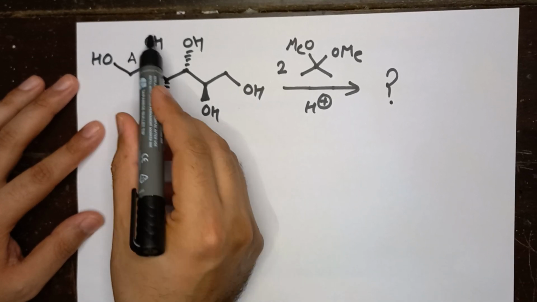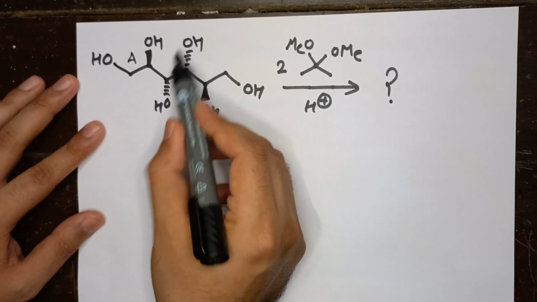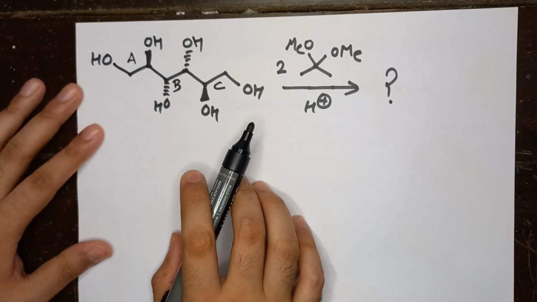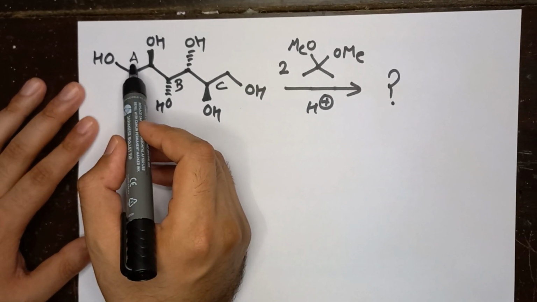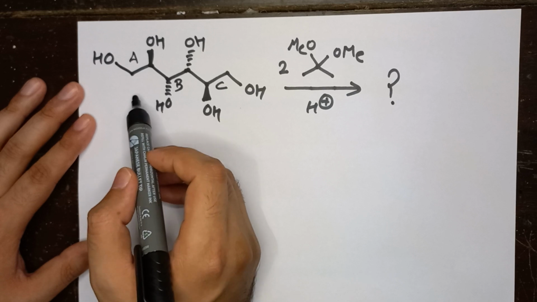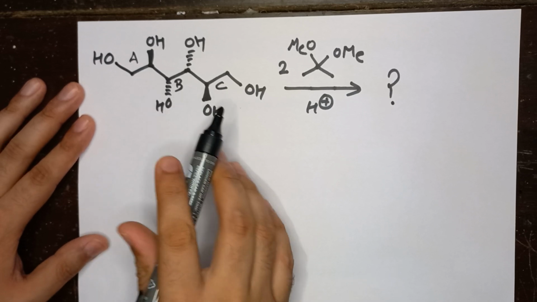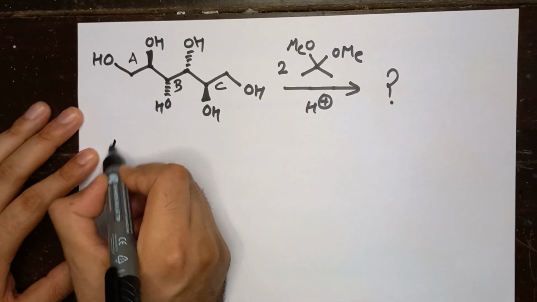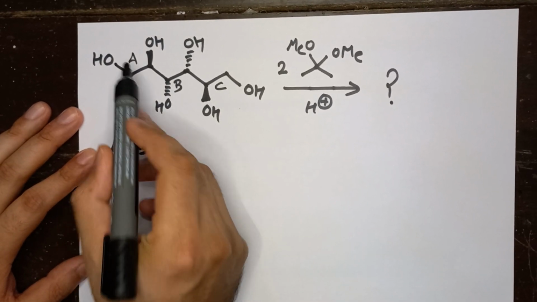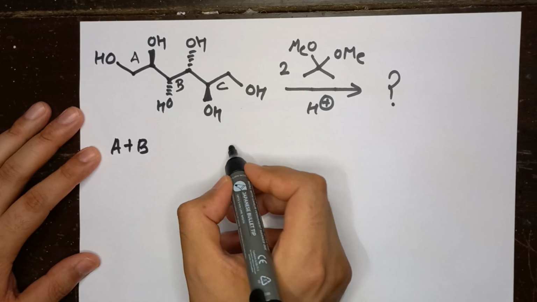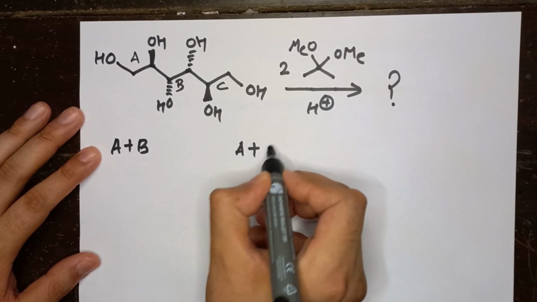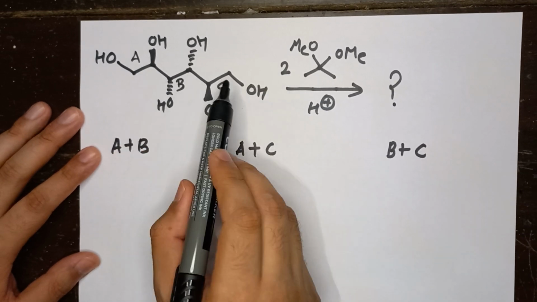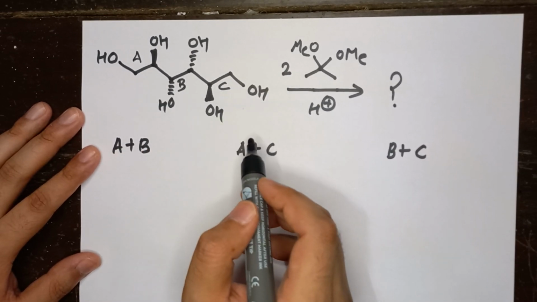This is A, these two OH are A, these two OH are B, and these two OH are C. So it can form A plus B, where these two are protected. It can form A plus C, it can form B plus C. We have only two equivalents, so I have to protect only two.